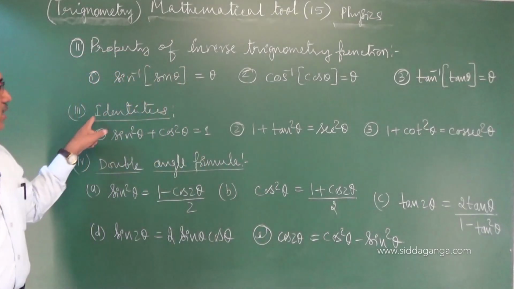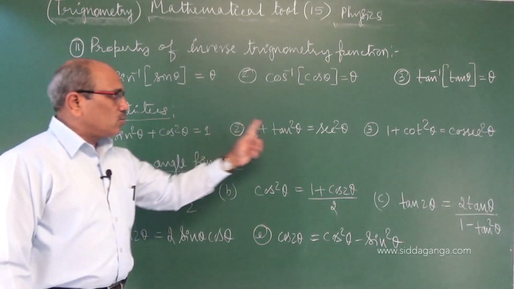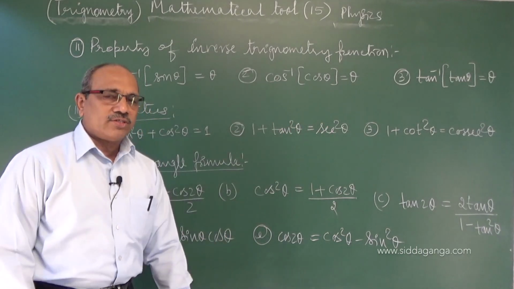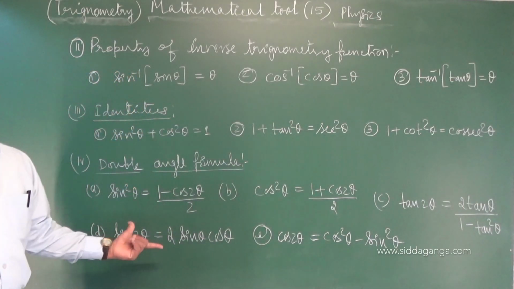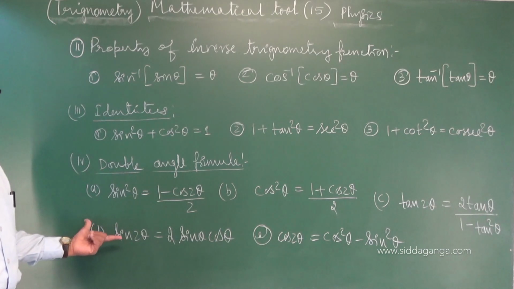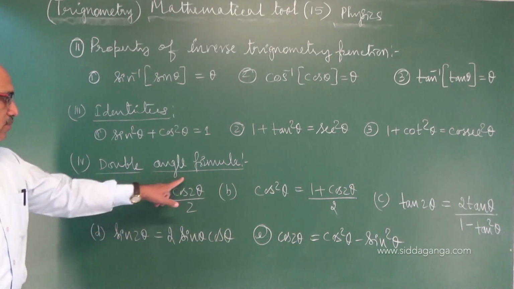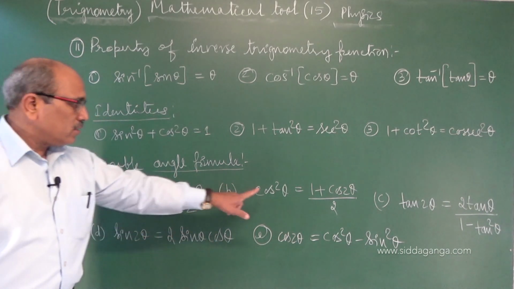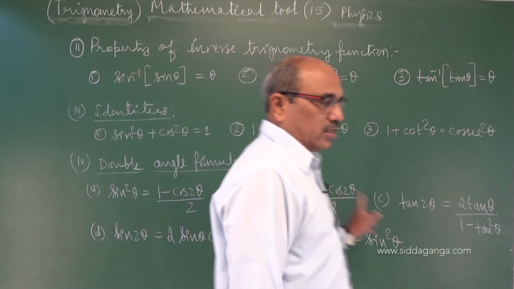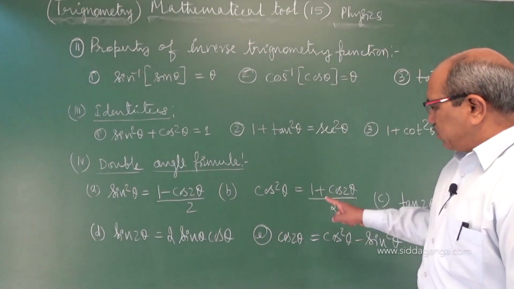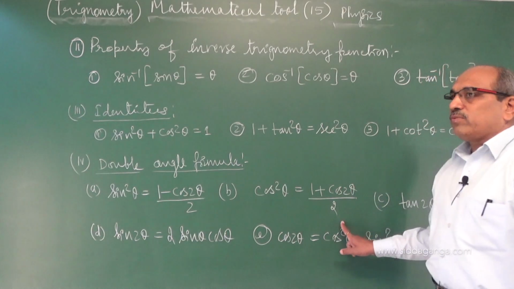And coming to identities, I already showed you how this equation arises. These are most importantly used in physics: sine square theta is 1 minus cos 2 theta by 2. Similarly cos square theta is equal to 1 plus cos 2 theta by 2.